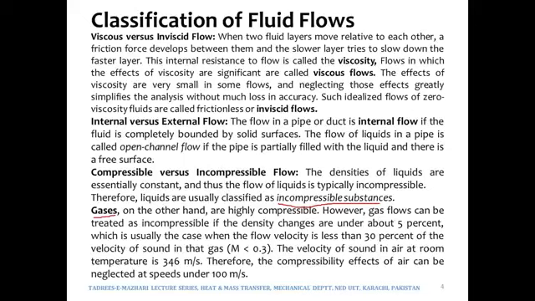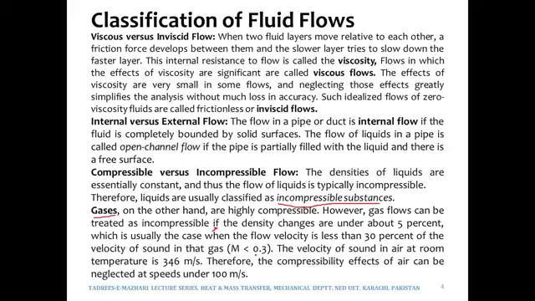So gas flows can be treated as incompressible if the density changes are under about 5%, and this will usually be the case if the fluid velocity is less than 30% of the velocity of the sound in that gas. Means if Mach number is less than 0.3.